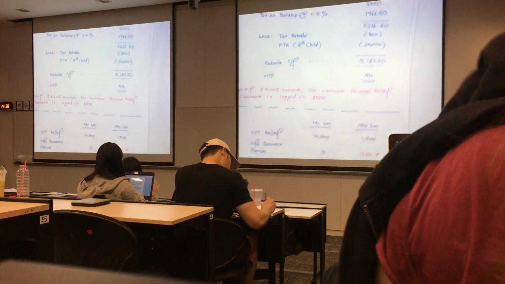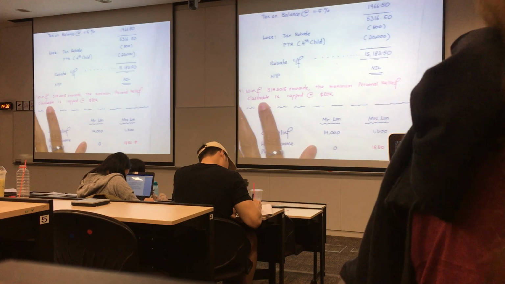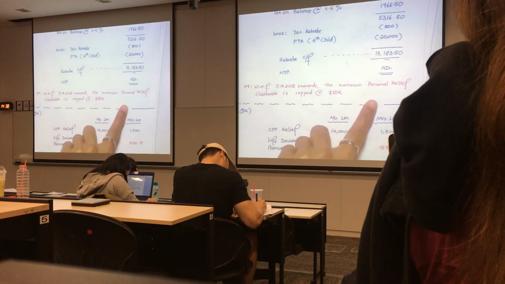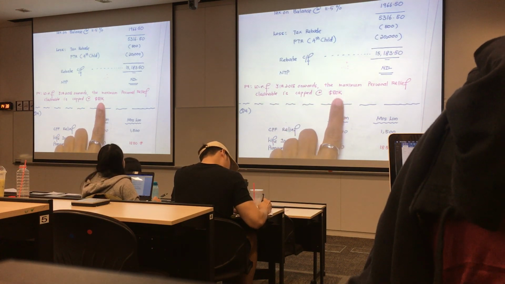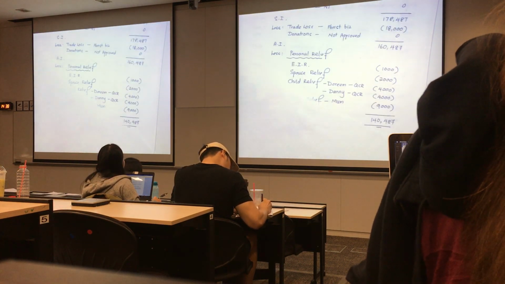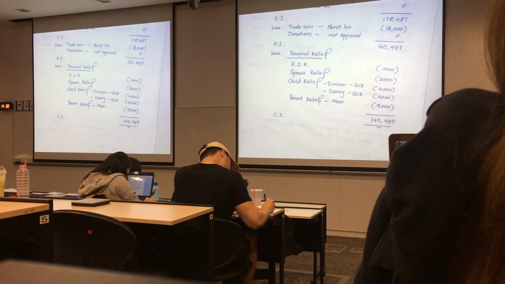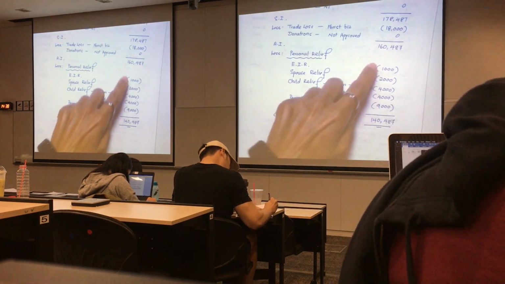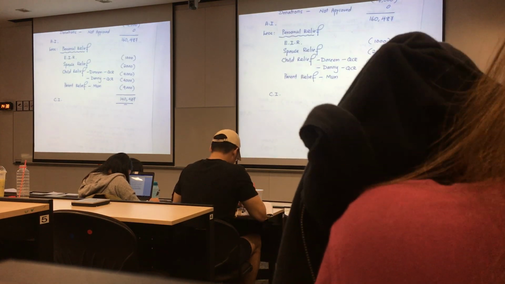We have gone through all this. So take note. With effect from YA 2018 onwards, your maximum personal relief claimable is kept at 80K. All these are what we have done together with your revision questions that we have done in lecture 6. So you notice that, yes, we didn't exceed, nothing to restrict.